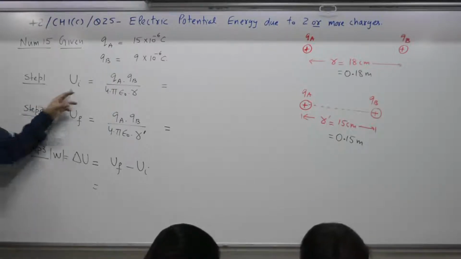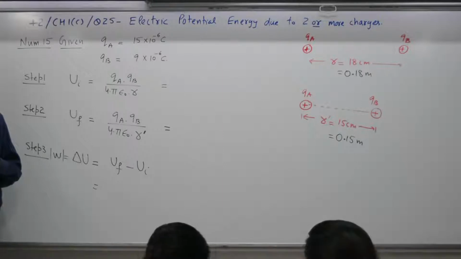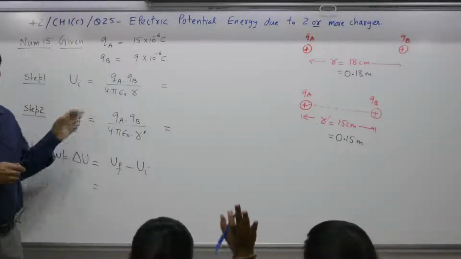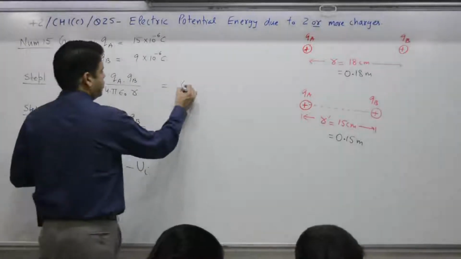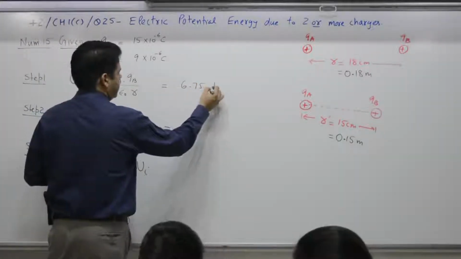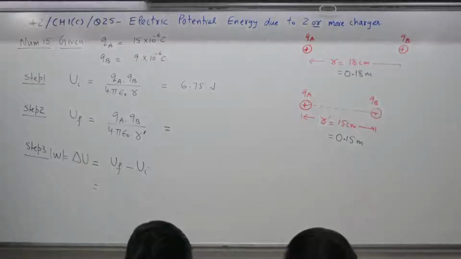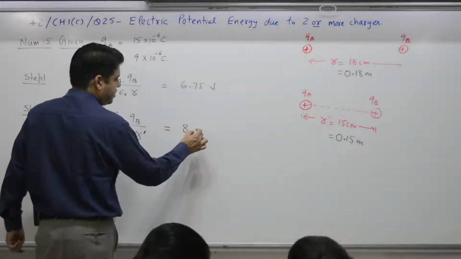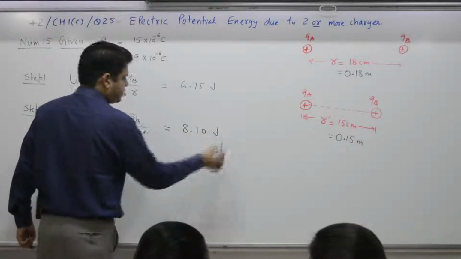Anyone with the U initial? It is 6.75 joule. How many of you are getting 6.75? Right. What was the second one? 8.1 joule.